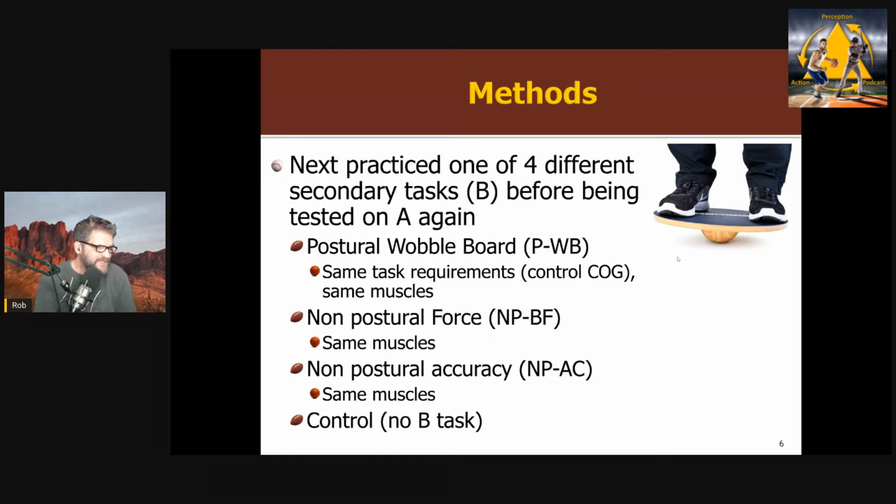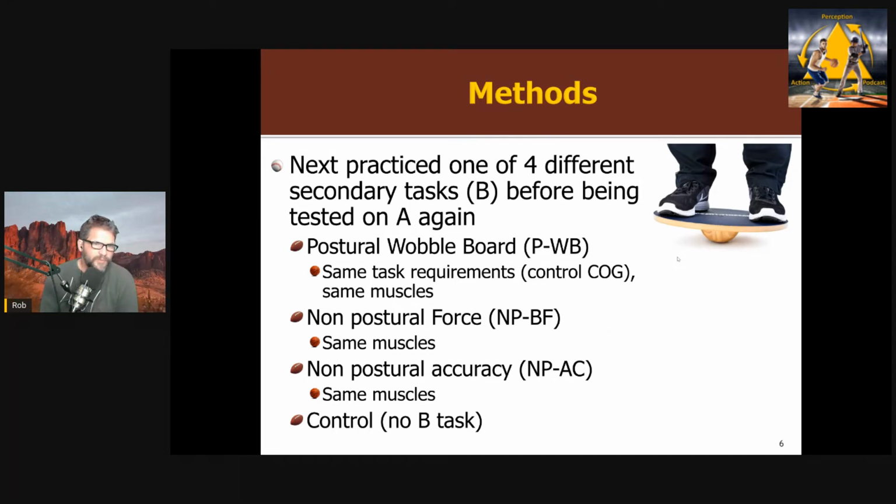They then did a third group, NP, standing for non-postural here. They did an accuracy task. So basically you were sitting using your feet to control the movement of a cursor on a screen to have it follow a target, right? So again, same muscles, completely different task requirements though, right?